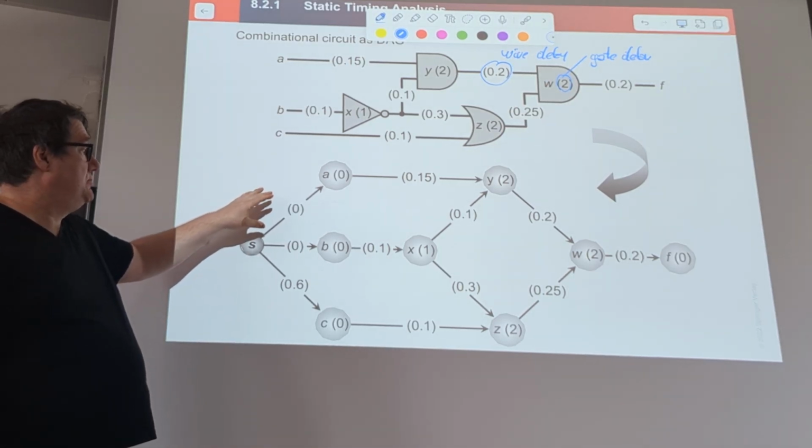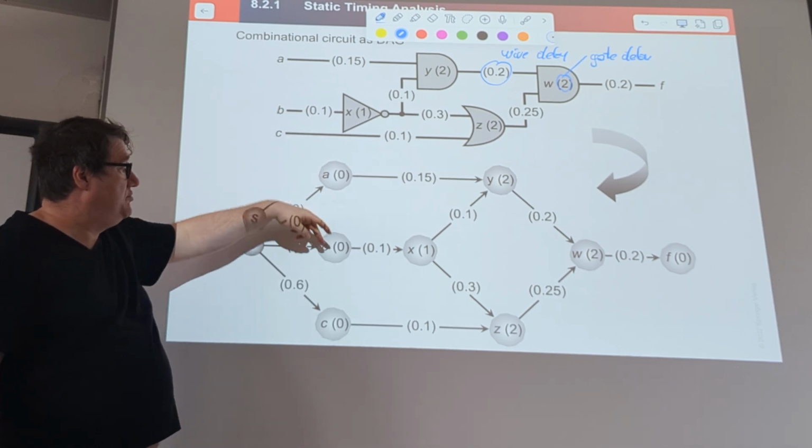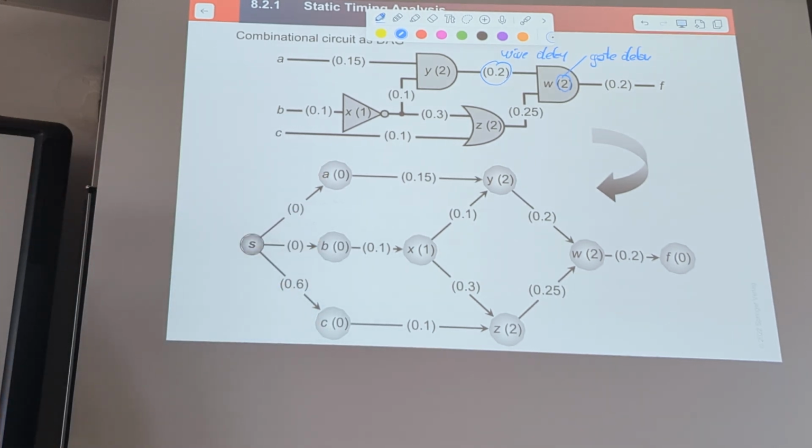Then I have A, B, and C, these are my inputs, and what this means is you already have a delay at the input, meaning the signal will arrive at C a little bit later after your common start point.